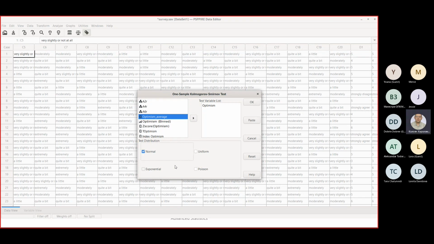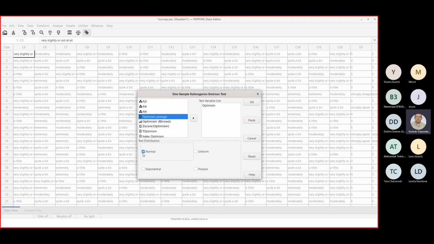Since the normal distribution is very important, as I said in the topic for measurements, when we create new measurement tool, new scale, one of features that we check is normality of distribution, and usually we use exactly the normal distribution.